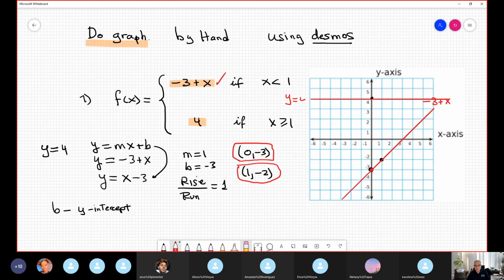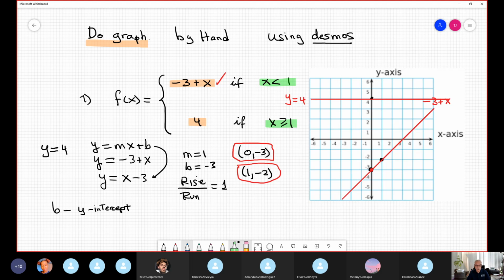Now, the transition. What is the transition? The transition is the point at which the piecewise function changes. I know the change is at positive 1. How do you know that? Because look at the conditional: less than 1, and greater than or equal to 1.